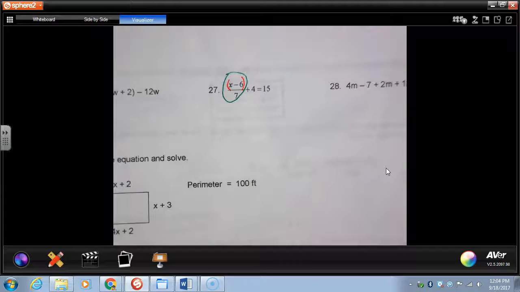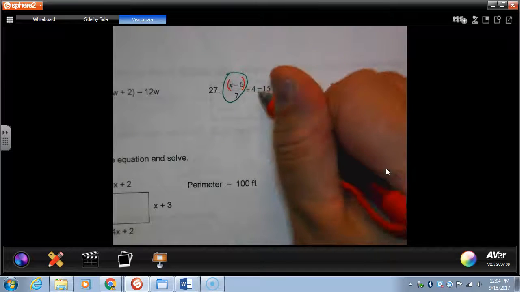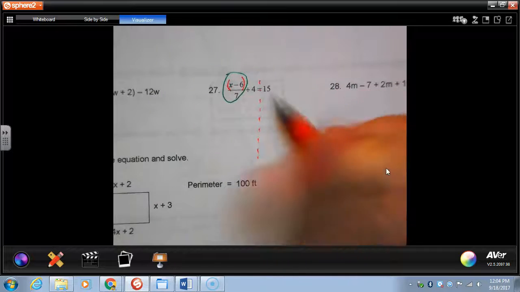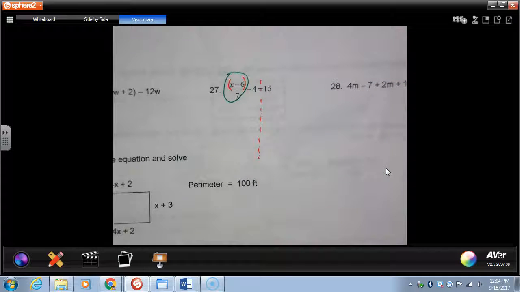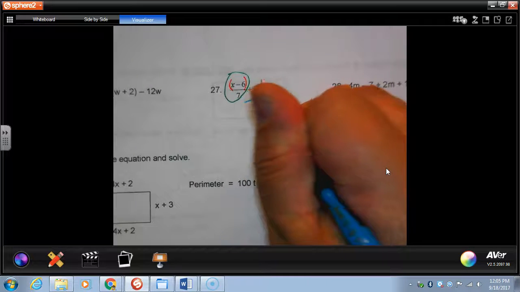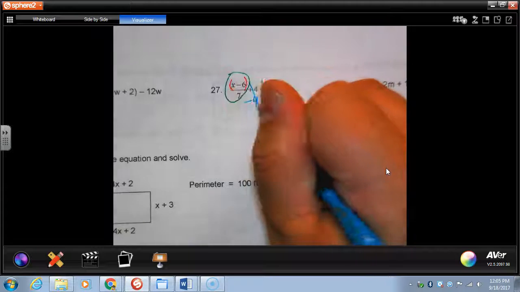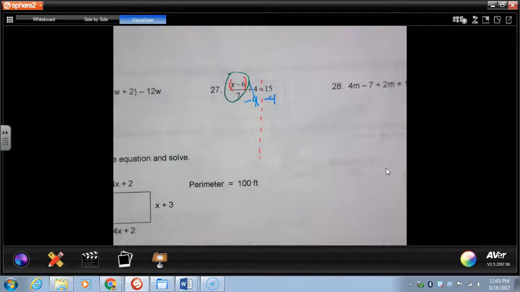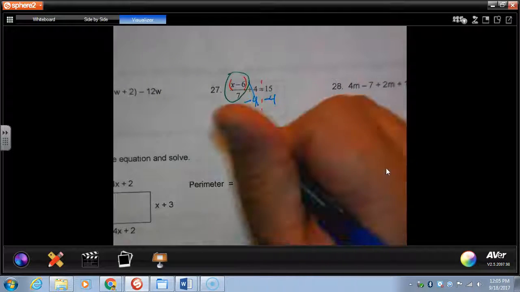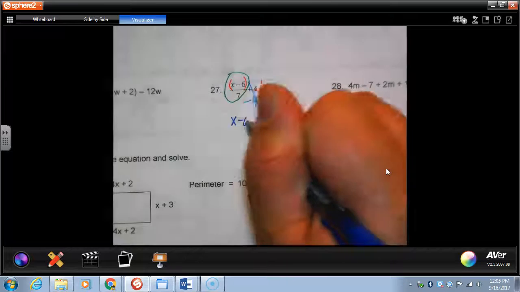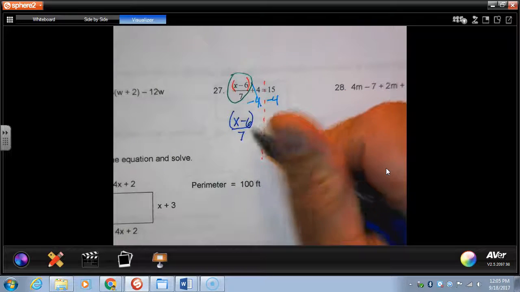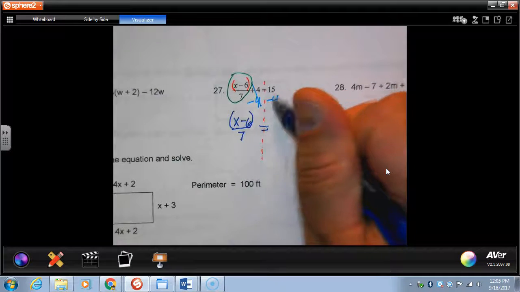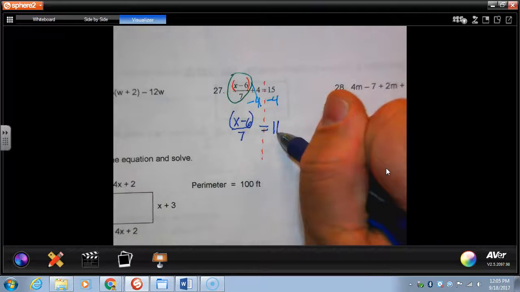So the first thing I have to do is subtract 4 from both sides. So I get my fraction x minus 6 divided by 7. My x is still locked in there. Equals 15 minus 4, 11.